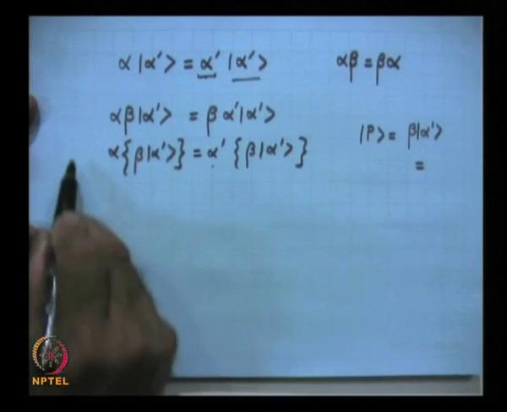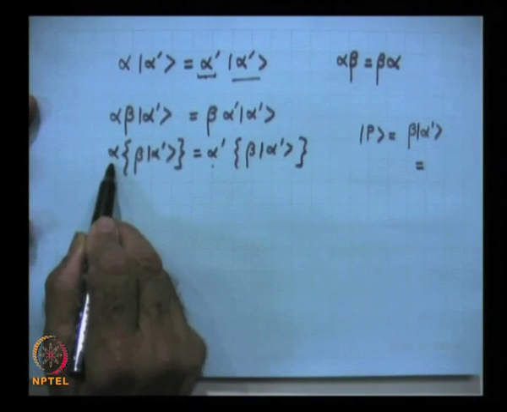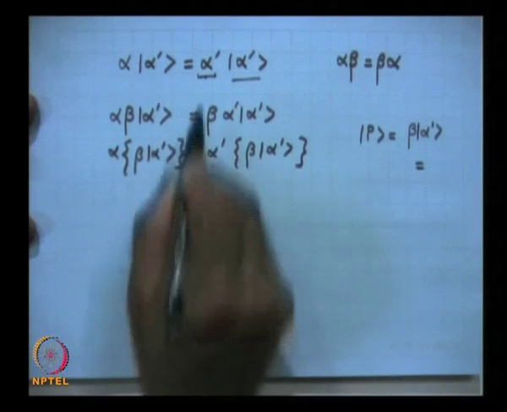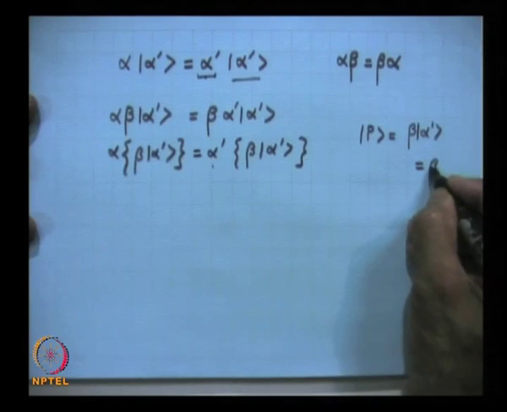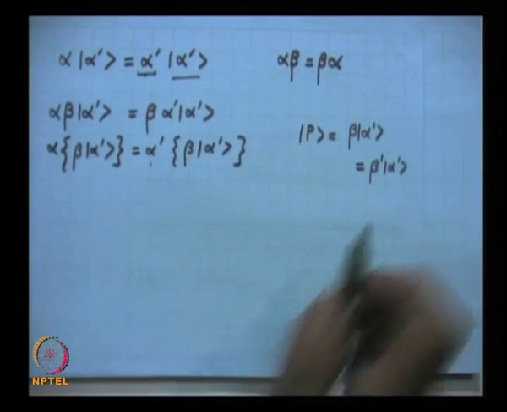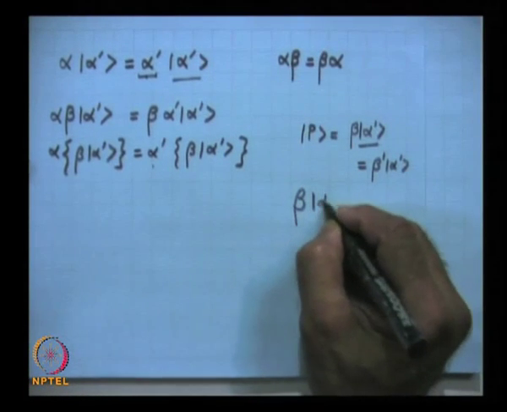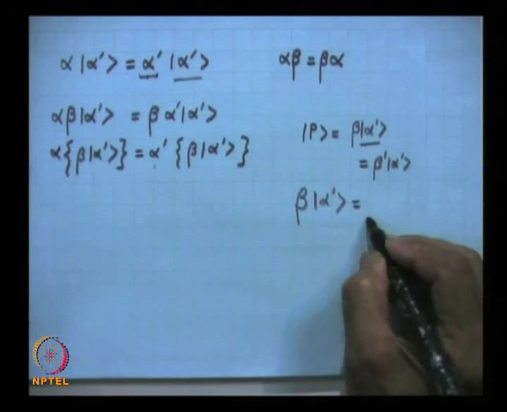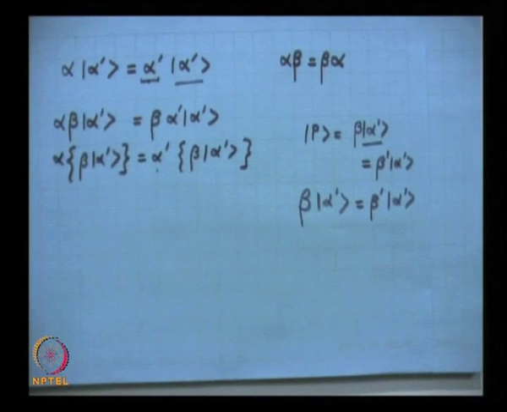And so, therefore, this equation tells us that ket alpha prime is also an eigenket of beta: beta ket alpha prime is equal to beta prime ket alpha prime, and therefore, ket alpha prime is a simultaneous eigenket of the operators alpha and beta.